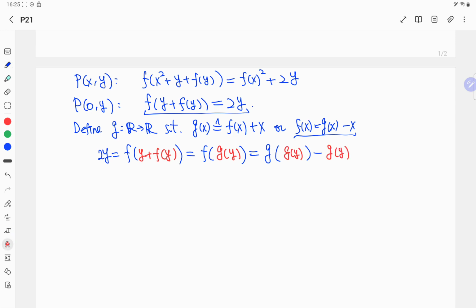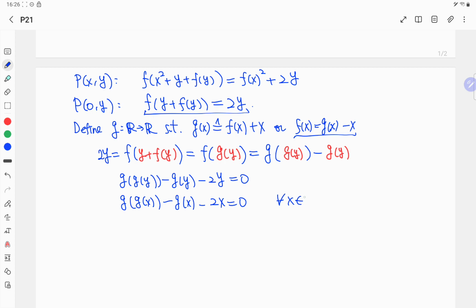Okay, like this. So in this case we have g of g of y minus g of y minus 2y to be 0. Or maybe we can just replace y by x, which means we have g of g of x minus g of x minus 2x equals 0 for all x real number.